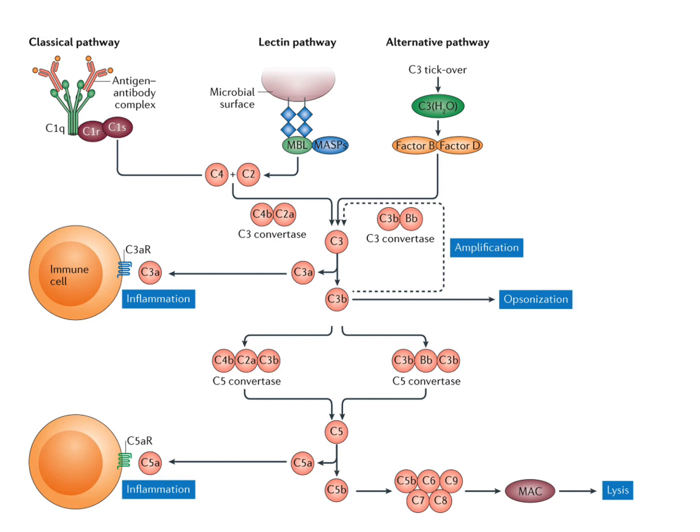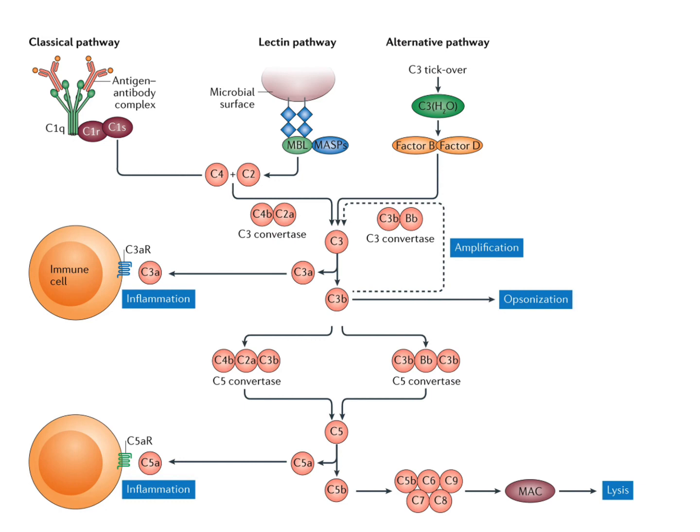This C3 then again cleaves into C3a and C3b. C3b then goes and combines with other small protein complement molecules to make C5 convertase. Here you can see C4b, C2a and C3b. So this C3b is coming from the above cycle.